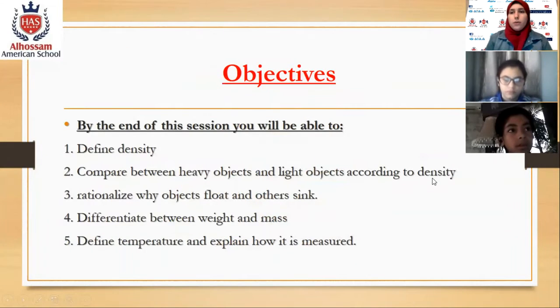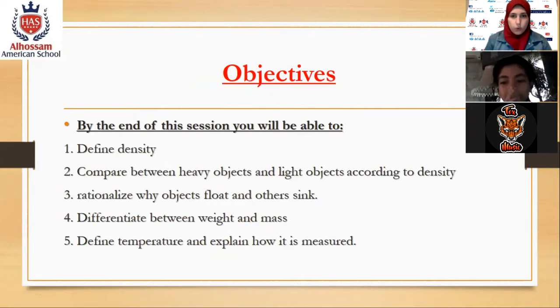Let me share with you my objectives. By the end of the session, you will be able to define density, compare heavy objects and light objects according to density, rationalize why some objects float and other objects sink, differentiate between weight and mass, define temperature, and explain how it's measured.